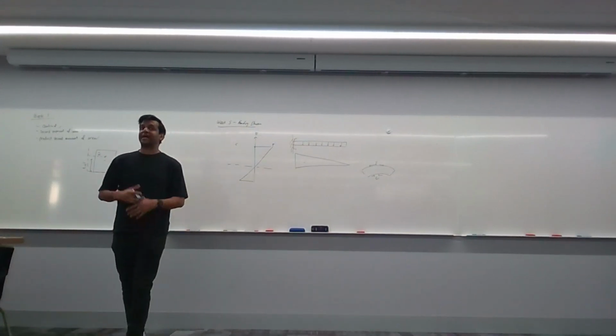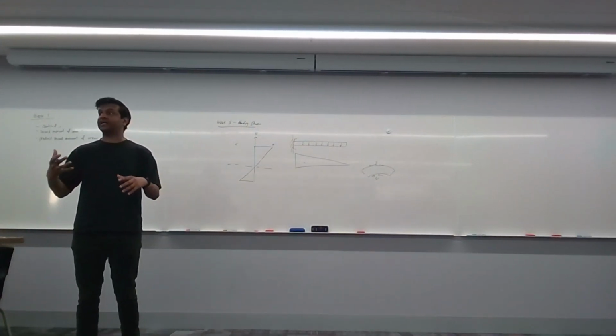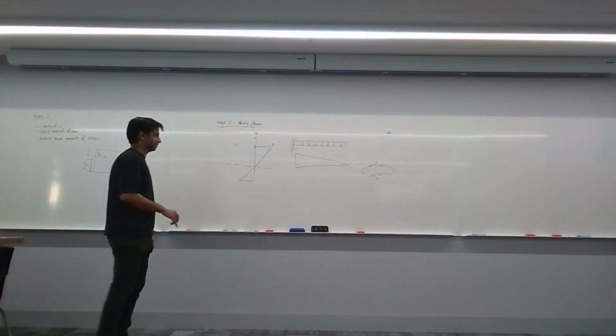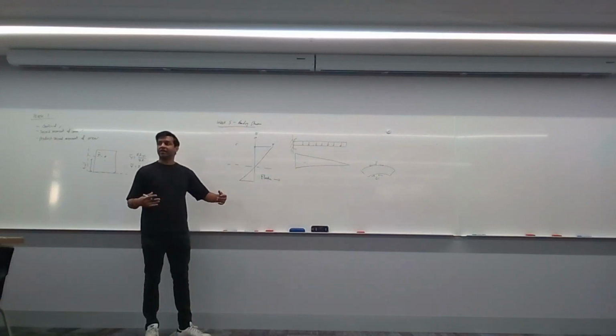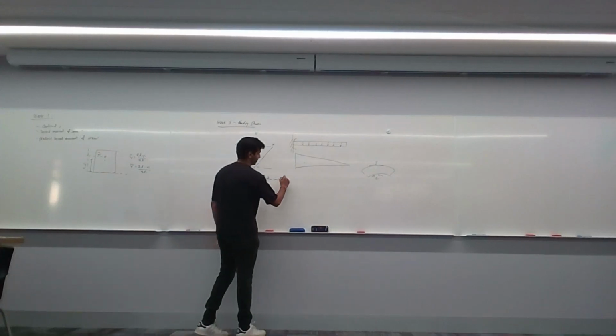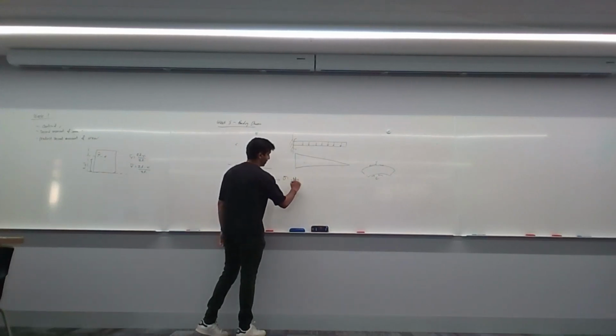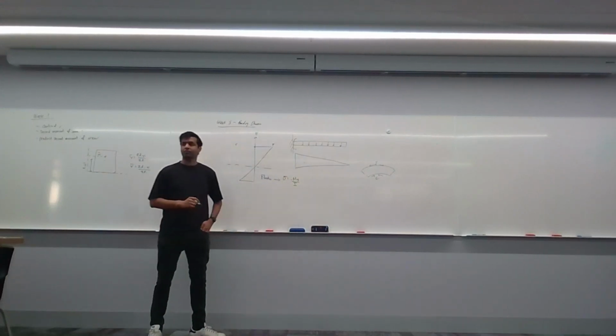If your entire cross section is completely elastic, for a fully elastic cross section, then the formula to calculate your stresses in different elevations of the beam is sigma equals negative My over I. Okay?